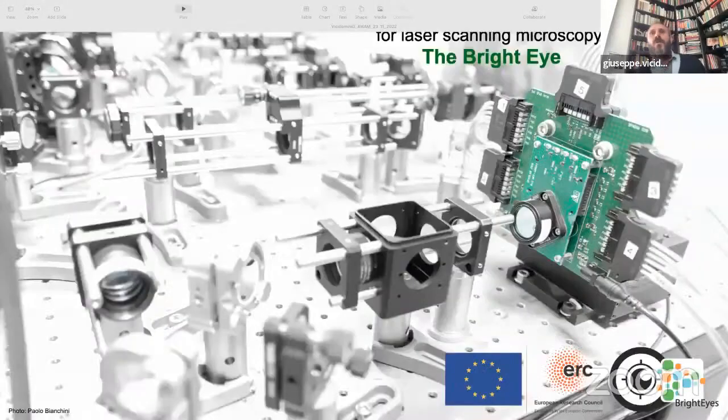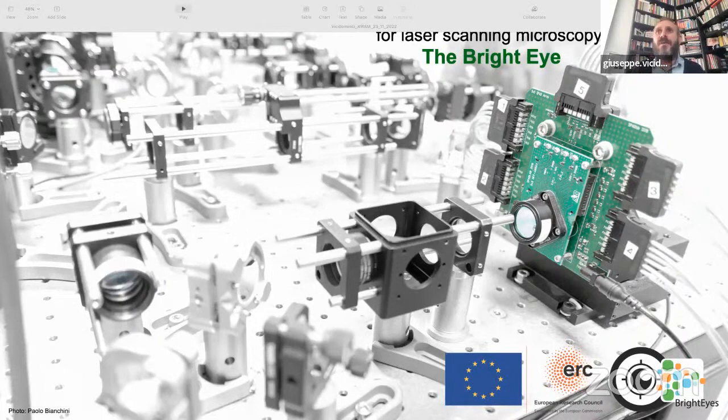So what we did, we approached the Polytechnic of Milan here in Italy, and we sat together to try to develop the first detector, specifically a detector array, the SPAD array, which is able to overcome all the limitations that I told you before. And we came out with this detector, which from now I will call a SPAD array, a single photon avalanche diode array, which is the core of the Bright Eye project, an ERC-funded project.